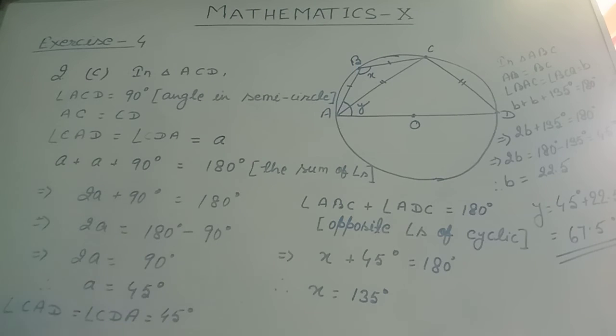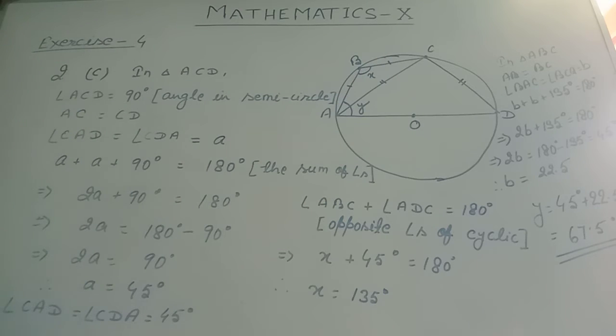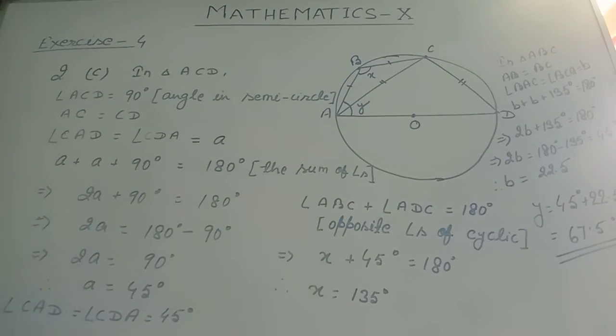Therefore angle CAD is equal to angle CDA, which we have considered as A. Then A plus A plus 90 equal to 180, 2A plus 90 equal to 180, 2A equal to 180 minus 90, 2A equal to 90 or A equal to 45 degree. Means these two angles CAD and CDA became 45 degree.